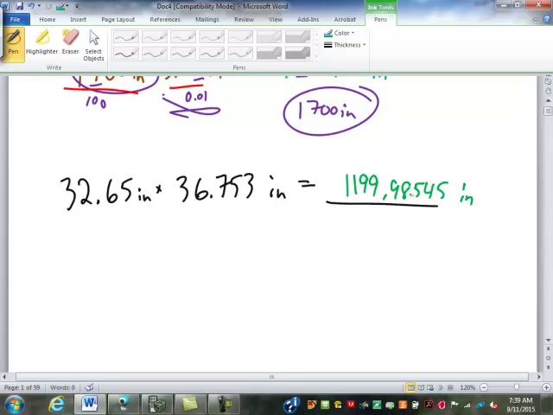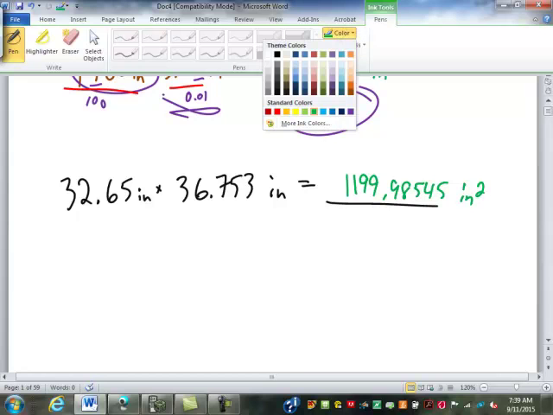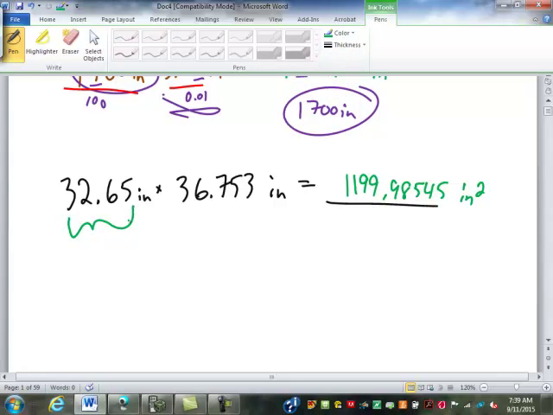So 1199.98545 inches squared. But let's look at our significant digits here. Are we rounding to a place value, or what do we have to round to when we multiply? Multiply, it's accuracy, or a number of significant digits. How many significant digits here? 4. Here? 5. So we're going to round to 4 significant digits.